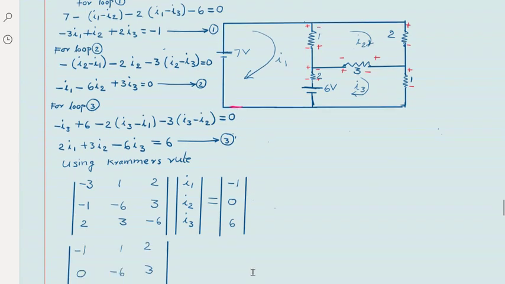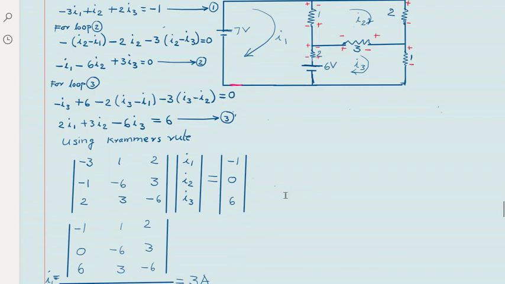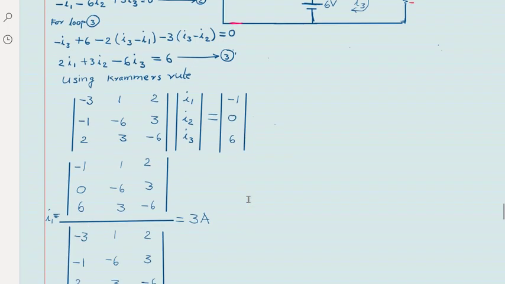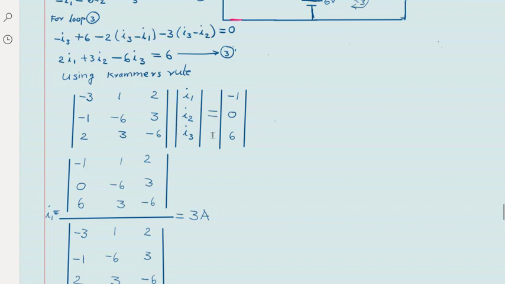Once this is formed, using Cramer's rule, we can get I1, I2, and I3. So to get I1, what we should do is, in this matrix, replace the first column with the right hand side matrix.